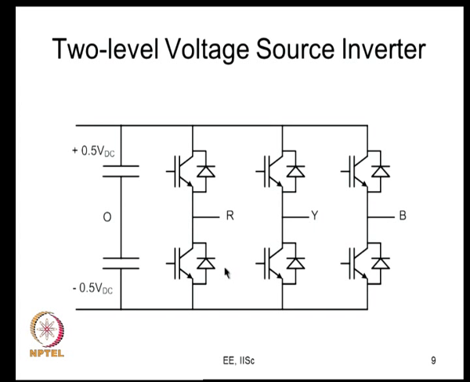VRY would be the line to line voltage, VRO minus VYO will give you that. Similarly, VYO minus VBO will give you VYB, and VBO minus VRO will give you VBR. So, these are the line to line voltages, and then there is a 3 phase load. We assume it to be a balanced star connected load whose neutral is N. So, there is VR with respect to the load neutral N, Y with respect to load neutral N, and again B with respect to load neutral N.